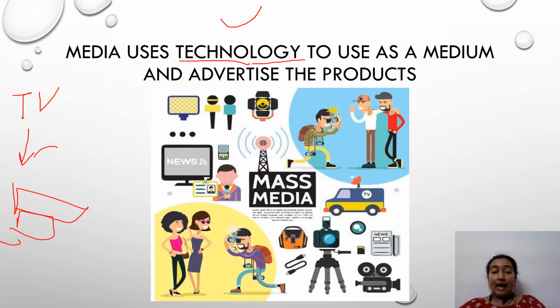We can see live matches by sitting at our home with the help of this broadcasting, with the help of satellites. A match is happening there in England. We are sitting in India, in Hindustan, in Punjab, in Jalandhar. We are watching those matches. It is using technology. This is a form of technology. Let's say radio.